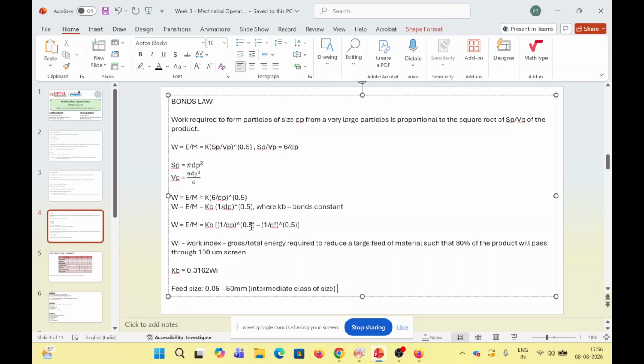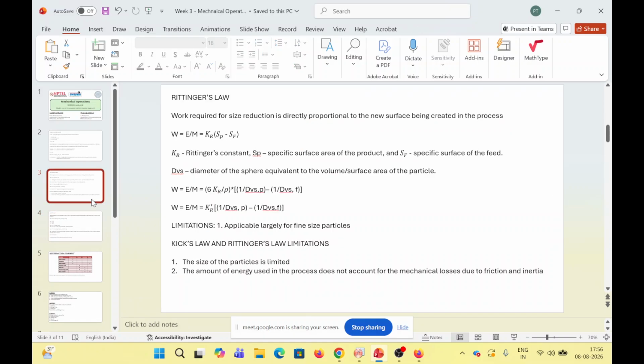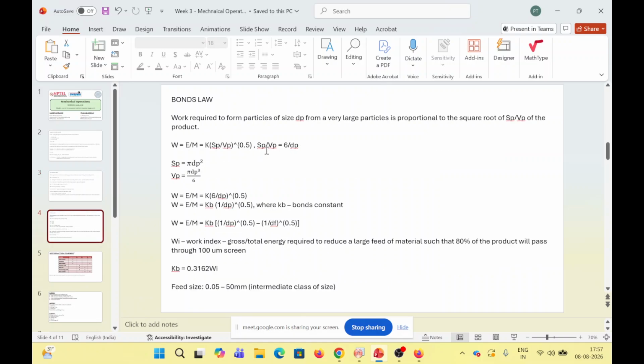Now I have a question. In the case of Rittinger's law, we express this S_P as 6 by rho d_BSP. Does anyone know why I expressed it as 6 by rho times 1 by d_BSP? It should be 6 by d_P, right? I mean, it should be 6V by d_P. As per this way of expression, I can write S_P as 6 d_P by d_P.